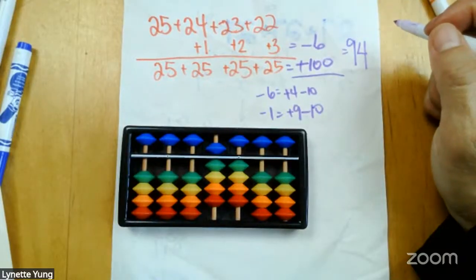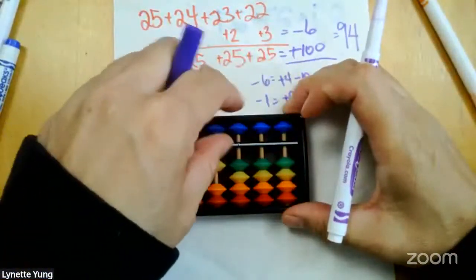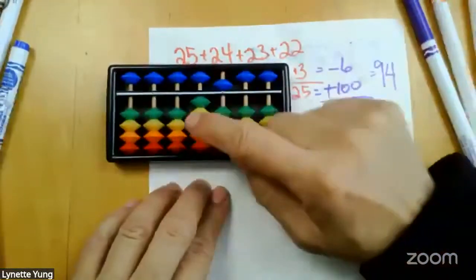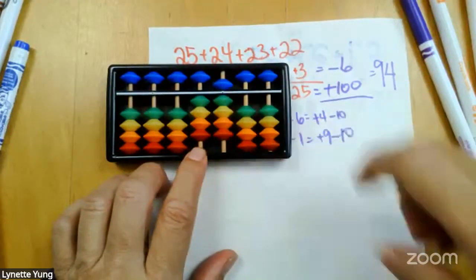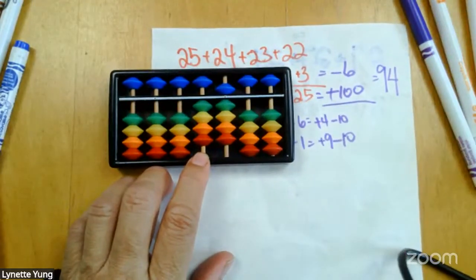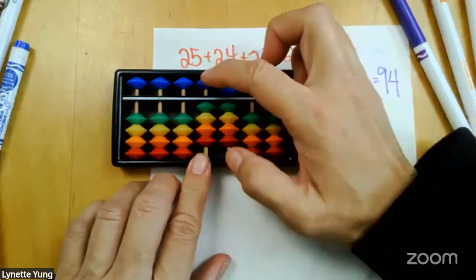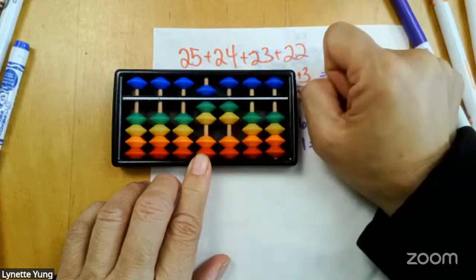Let's do the 25 plus 24 plus 23 plus 22. Okay. So 25, right? Plus 24 is plus 20 plus 4. Yeah, 49. And then plus 23 is plus 20 plus 3 plus the 10 minus the 7.